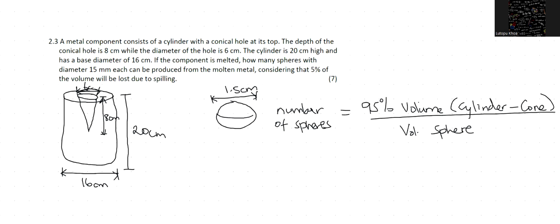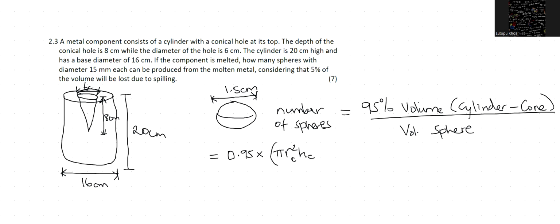Okay, so now we substitute 95%, then we multiply by the volume of the cylinder. This is pi r squared times the height. Let me call it height c. I don't want to just use pi r squared h, because the volume of the cone also has an r and h, but it's not the same because they have different dimensions.